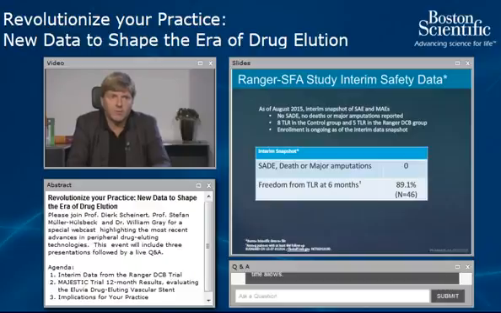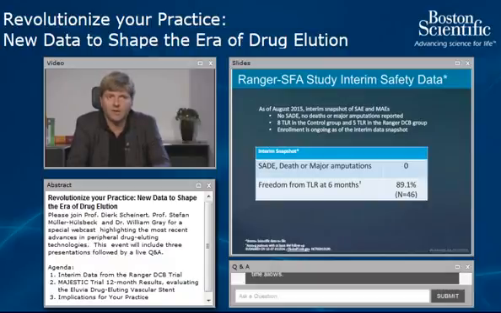The only events which were really of interest were the target lesion revascularizations, and we had actually 8 TLRs in the control group and only 5 TLRs out to 6 months in the DCB group. And if you remember that it was a 2-to-1 enrollment, it becomes already visible that here the rate in the DCB group was quite a bit lower than in the control group.